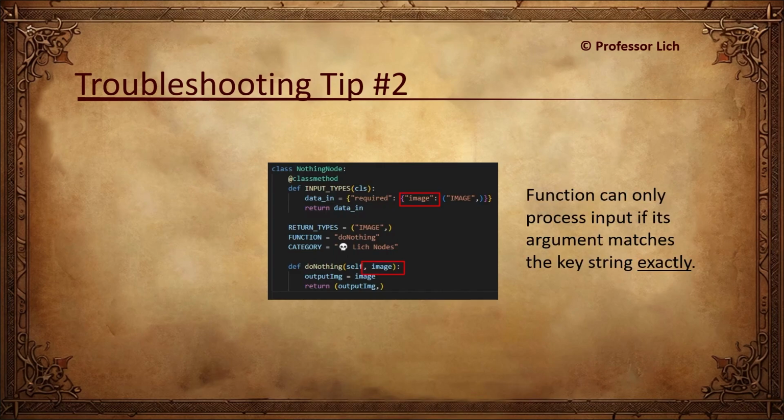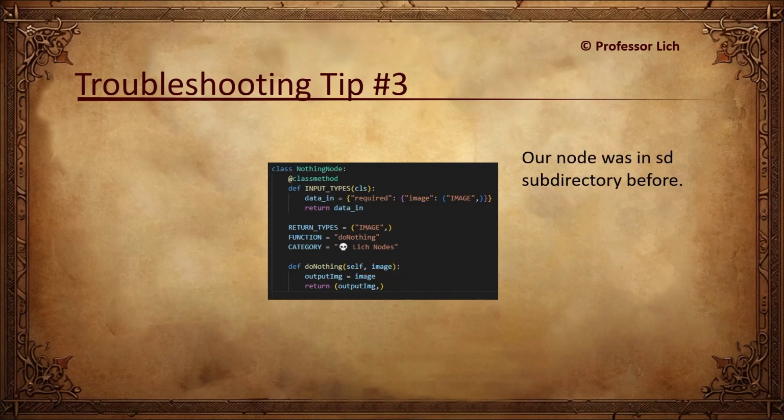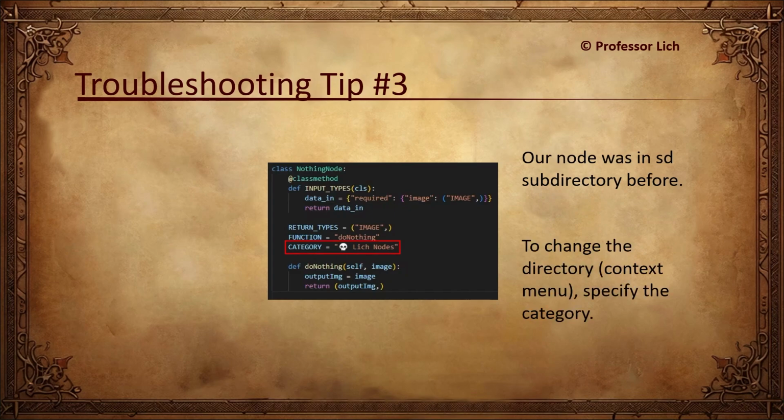So some more things that can possibly go wrong. The function can only process input if its argument matches the key string exactly. This is a repeat of what I said before, but it's good that I'm putting it in writing as well, just so you have it when you download the PowerPoints. Our node was in the SD subdirectory before.